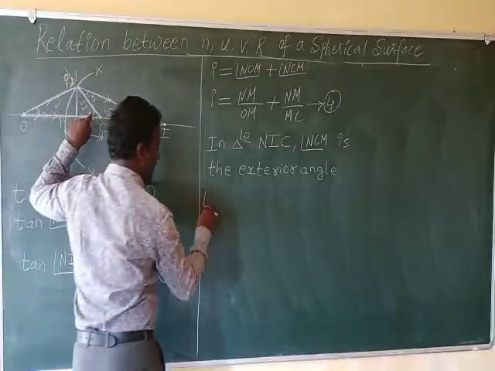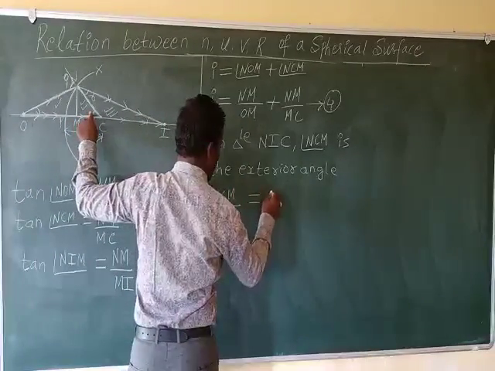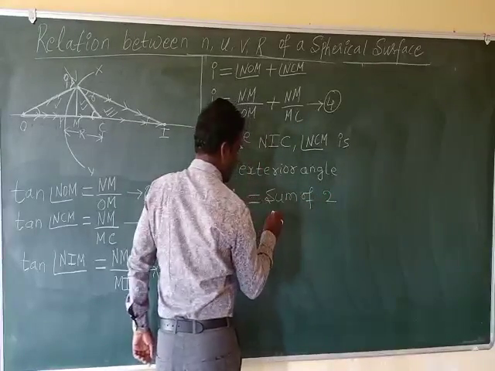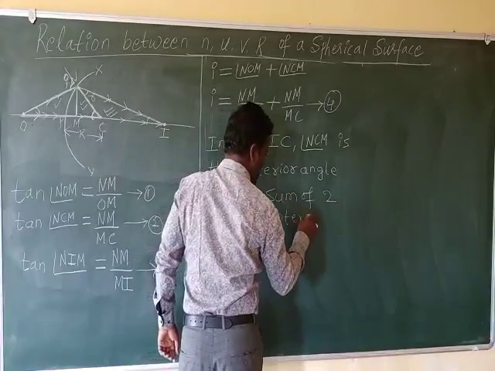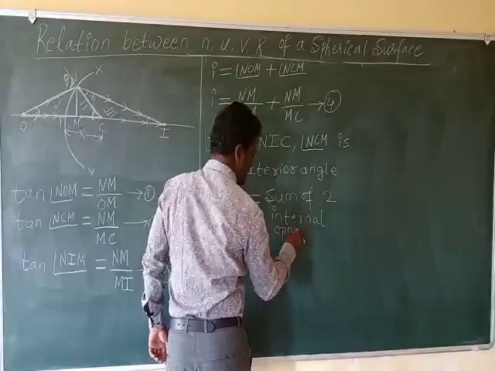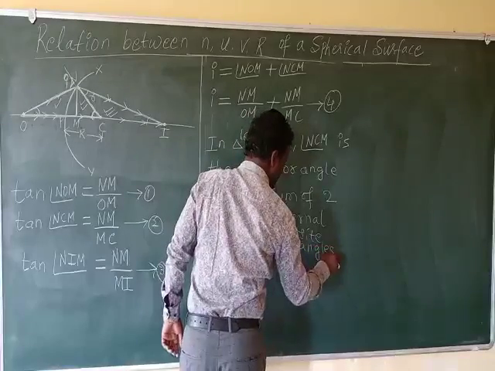So angle NCM is always equal to the sum of two internal opposite angles.